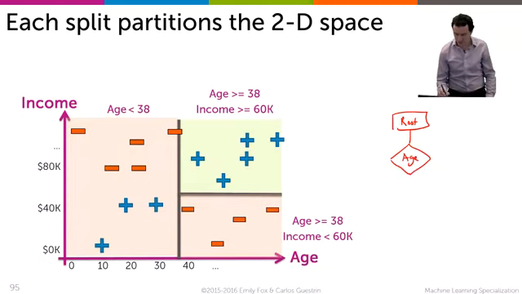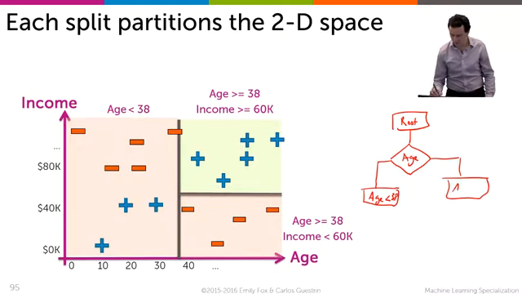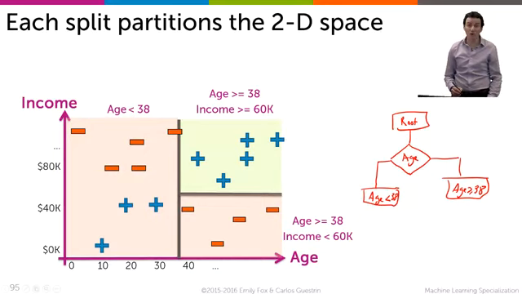The two possibilities we looked at were: is the age smaller than 38, or is the age greater than or equal to 38. So that was our first threshold split. For those with age smaller than 38, let's say we stopped right here, we'd see that there are 5 risky and 3 safe, so we'd predict risky. That might be our leaf here.